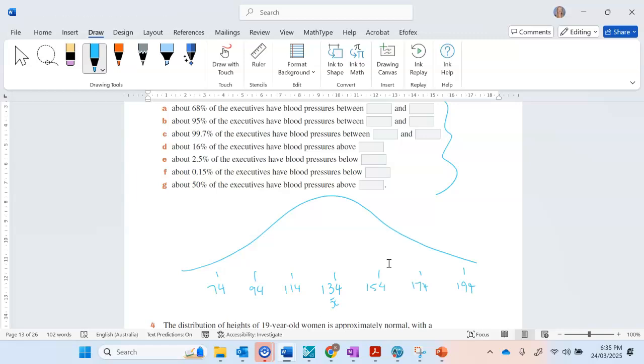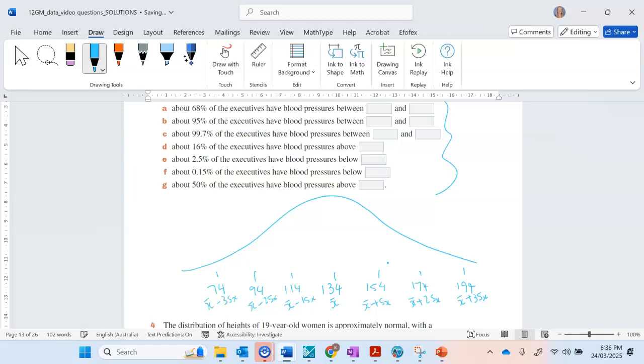So if you do methods, you will work with other values, but here we're just going to be working with those standard deviations. So remember, this is the mean plus 1 standard deviation, the mean plus 2 standard deviations, the mean plus 3 standard deviations, and then the other side, we've got the mean minus 1 standard deviation, the mean minus 2 standard deviations, and then the mean minus 3 standard deviations.